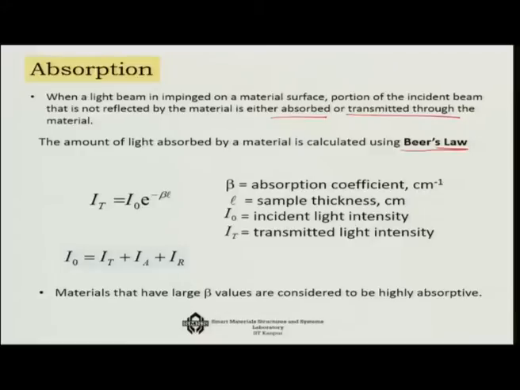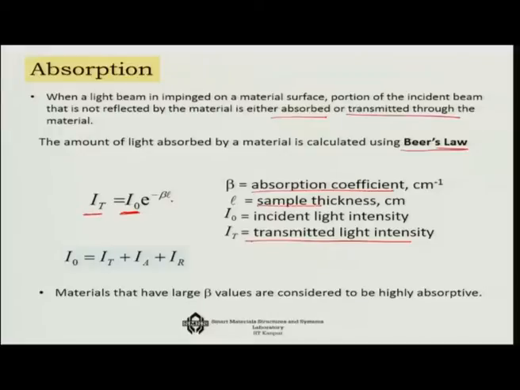Here IT is the transmitted light intensity and I0 is the incident light intensity. If you know the absorption coefficient beta and a sample thickness L, then the transmitted light intensity is I0 e to the power minus beta L.